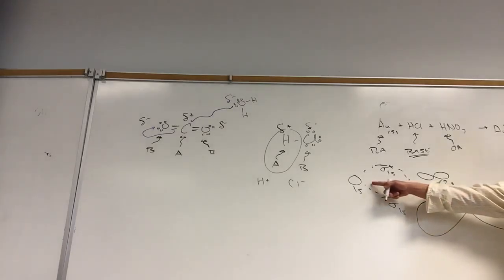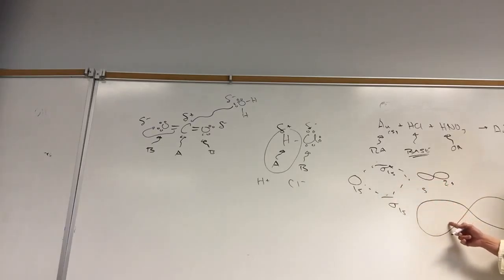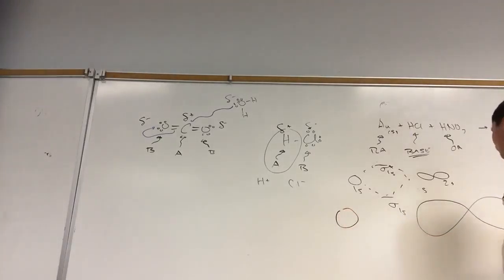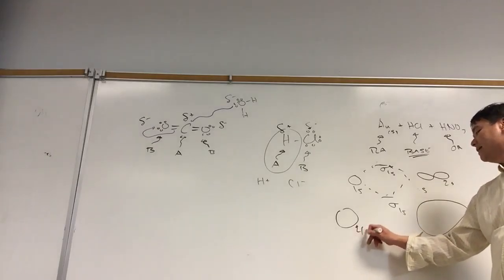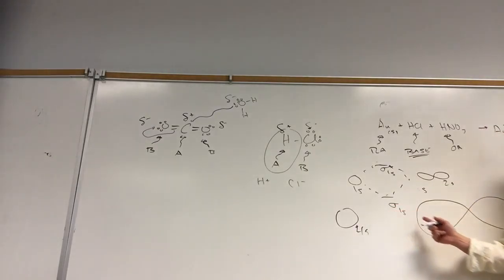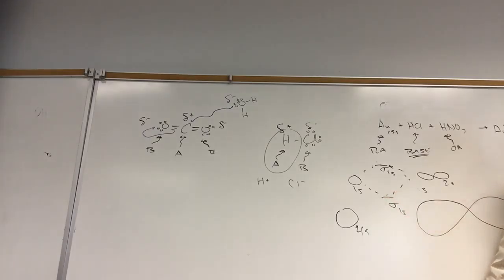We call this hard, hard, hard, soft. If I take a 4S and a 4P, ooh, that's good. That's soft, soft. And so when I make my MO, it's better. This is why heavy metals like sulfur more than oxygen, because sulfur is soft.